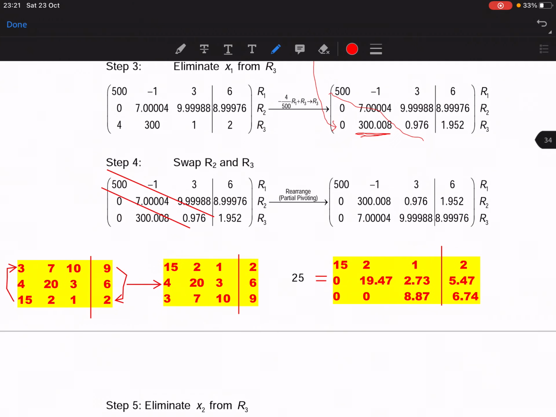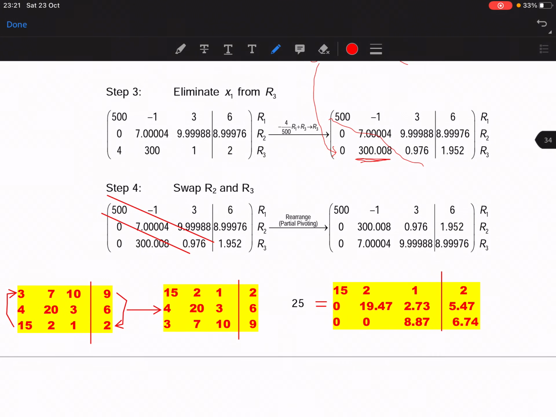If you can see here, the diagonal element is 0.976. For this example, it asks to swap row 2 with row 3. But from my point of view, since the value here is almost equal to 1, we don't need to swap, unless the value is maybe 0.43.